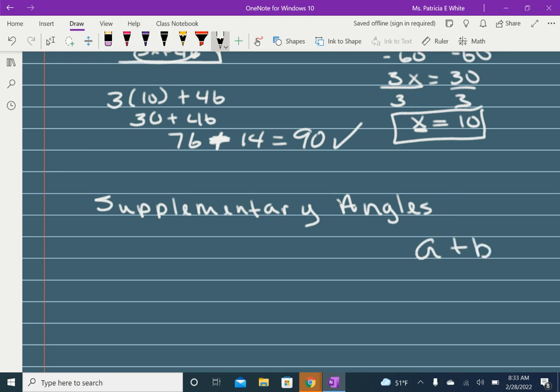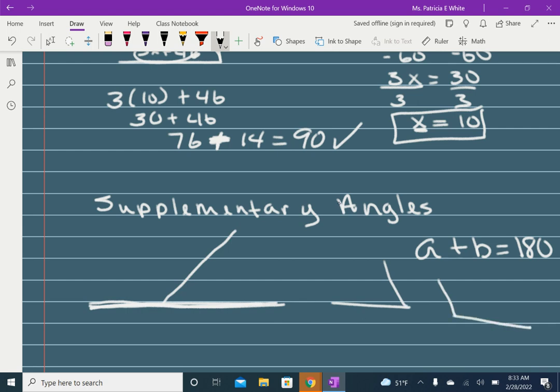This time our equation is going to be A plus B equals 180. If they are adjacent, they won't make a 90-degree angle. If they are adjacent, they'll make a straight line. They'll be a linear pair because together they make a straight line. They don't have to. Remember, they can be separated or together. If they're together, they're also called adjacent.